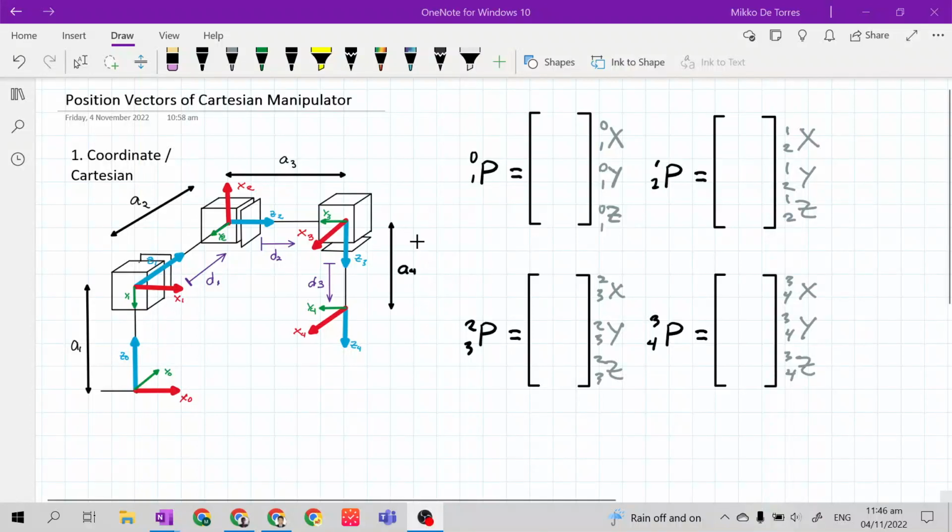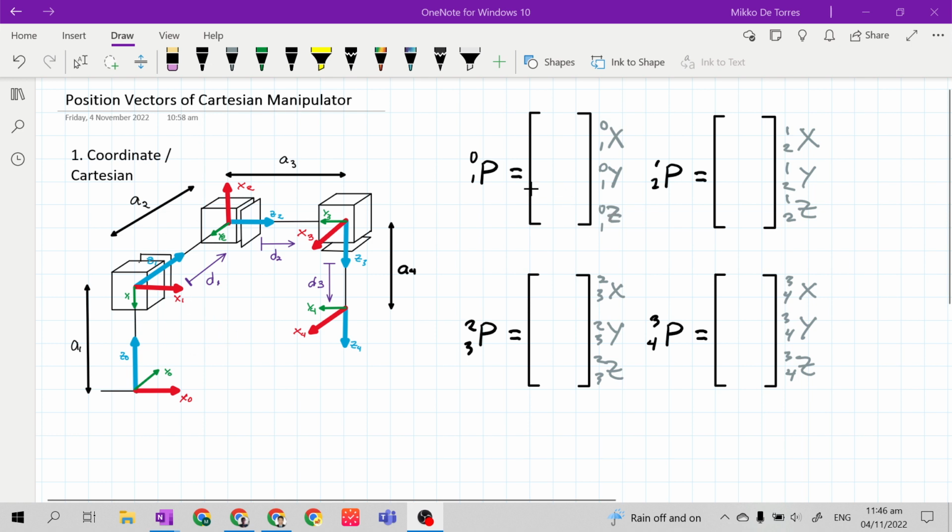Good day, class. In this video, we will continue how to derive position vectors, and for now, we will start with a Cartesian manipulator. Just remember, class, if we are deriving position vectors, we are just getting the distance between two origins of two frames.